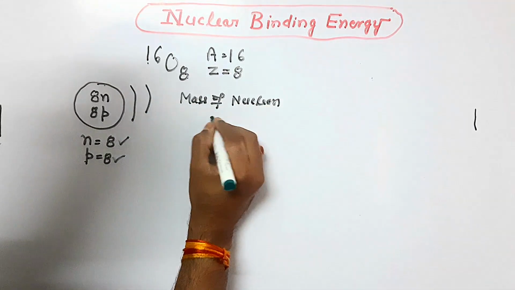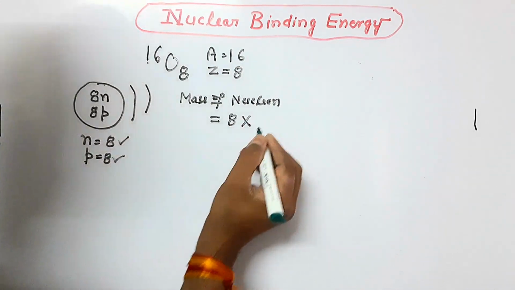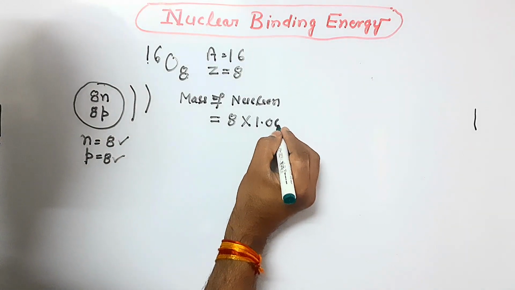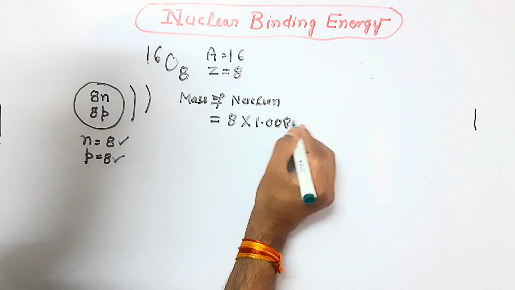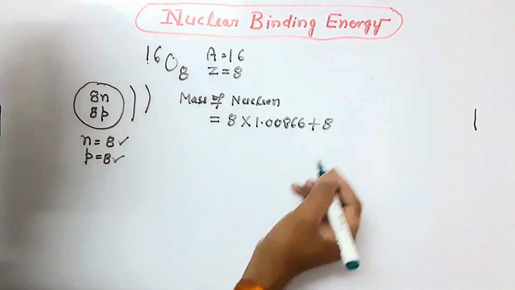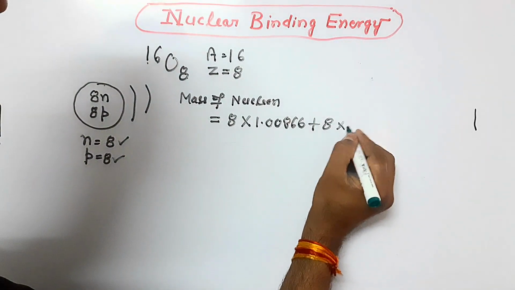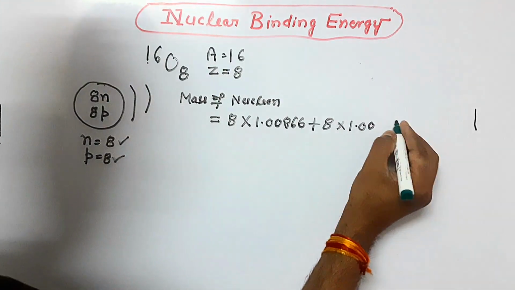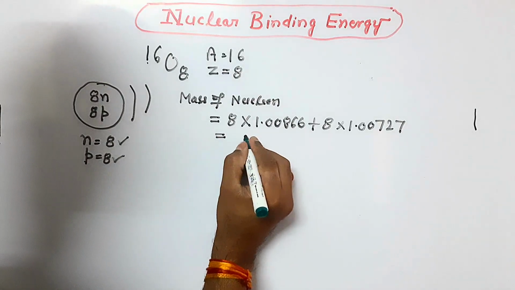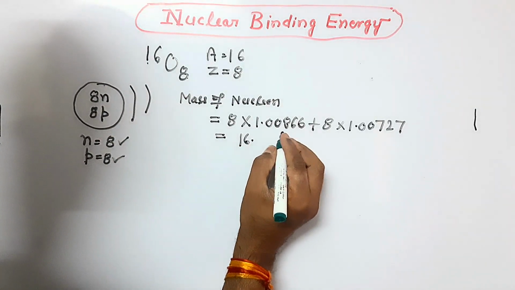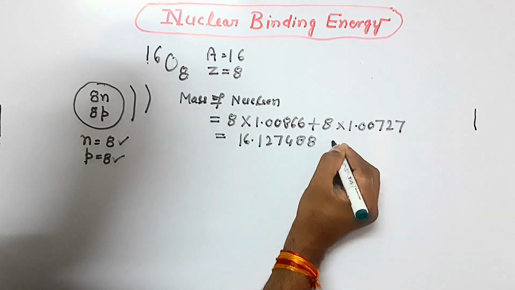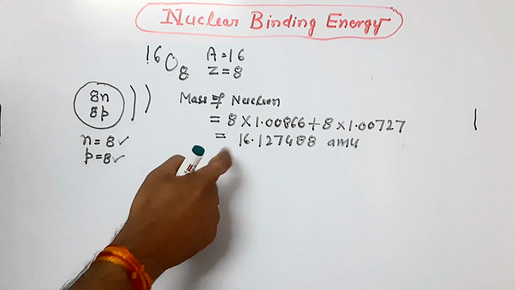It will be equal to 8 times the mass of one neutron, that is 1.00866, plus 8 times the mass of a proton, that is 1.00727, and this comes to 16.127488.